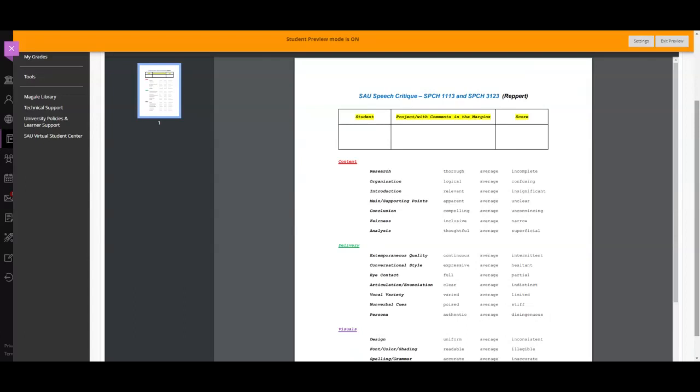But let's focus on this in the 3 areas of content, delivery, and visuals. When you are in my class, let's first focus on the quality of content. These follow a logical progression.